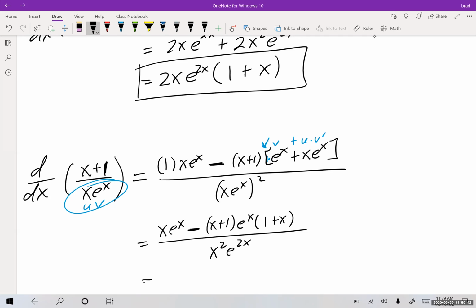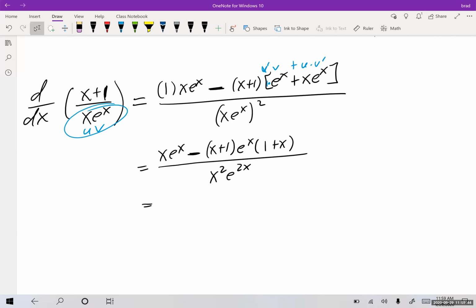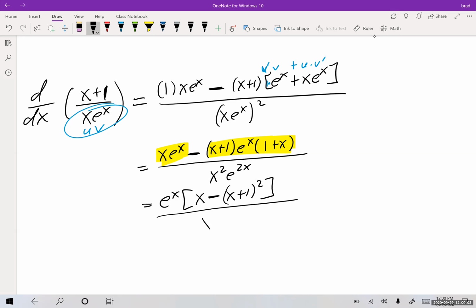So now let's see what we got. We now have e to the x factored out. So I basically went and factored e to the x from these two chunks. And that's going to be e to the x, and this will be x minus x plus 1 quantity squared all over x squared e to the 2x. Now I can FOIL that inside, and this would become x minus x squared plus 2x plus 1.